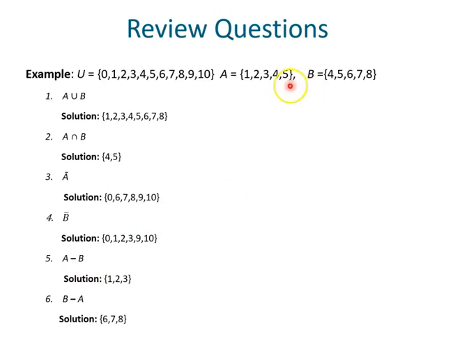A minus B: now all numbers that are in A but not in B, and these are the numbers 1, 2, and 3. B minus A: all the numbers in B that are not in A, and these are only 6, 7, 8.